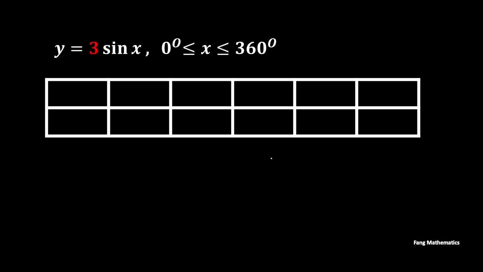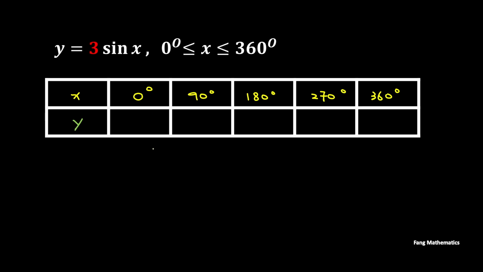Now we are going to look at two questions and graph them. In a similar way, we have the table, and the first row should be the x values. You start from 0 degrees with 90 degrees interval. You are required to use the calculator and find the corresponding y values. So let me do the first three for you.